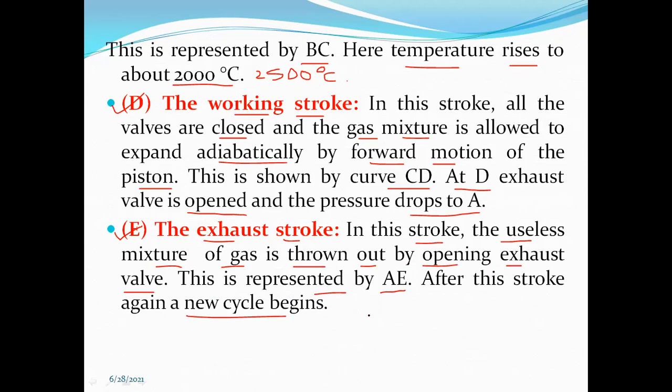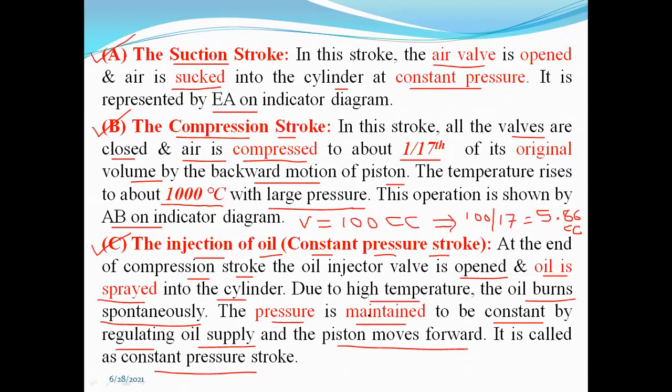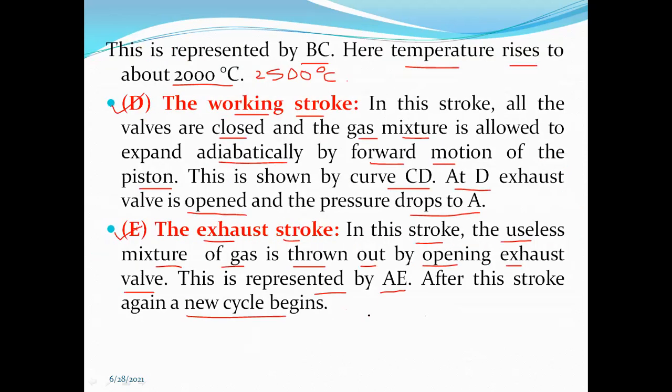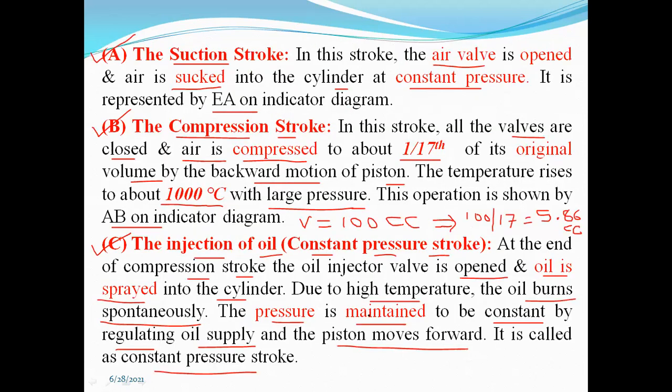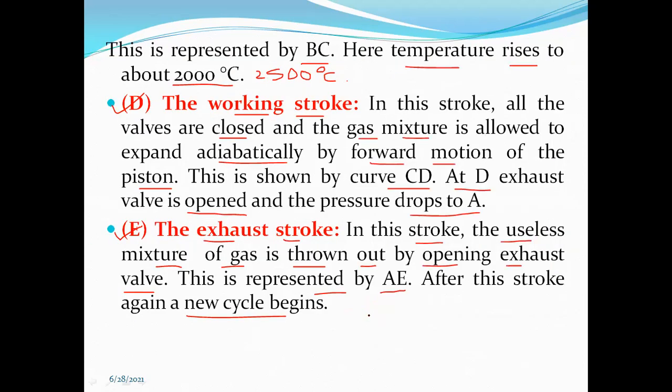That is, once again the suction stroke first, then the second one, the compression stroke, then the third one, injection of oil at constant pressure, then again the working stroke, the exhaust stroke, etc.